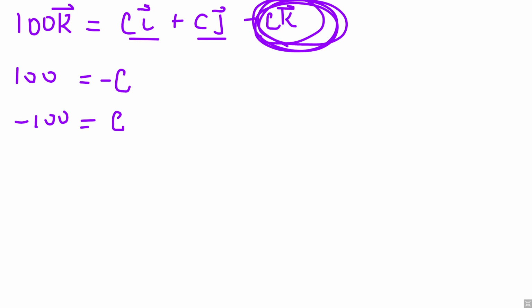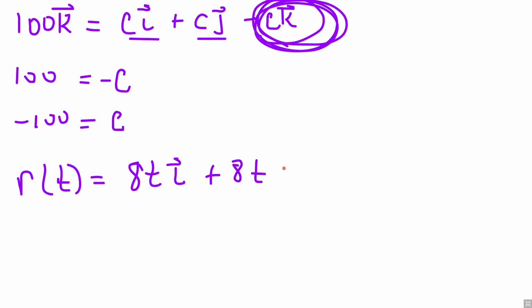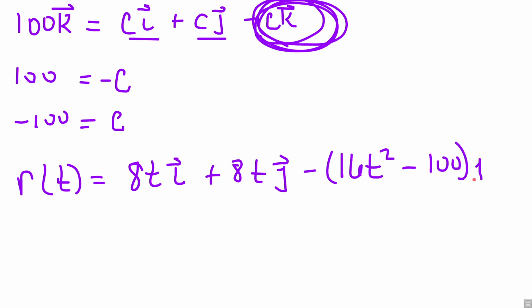So you'll get that r of t is defined as 8t in the i direction plus 8t in the j direction minus 16t squared minus 100 in the k direction. That's what I put.